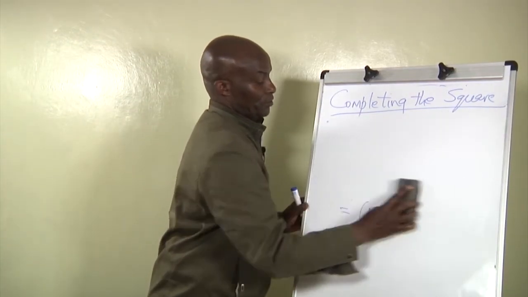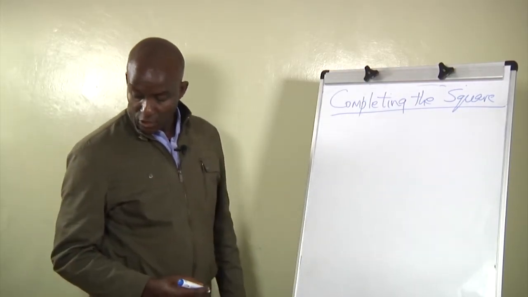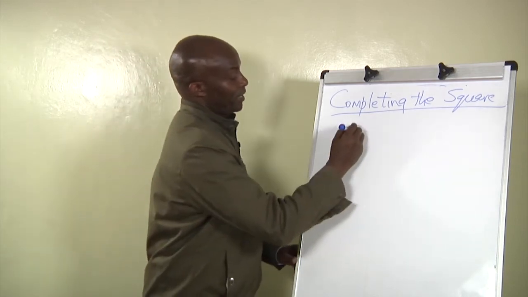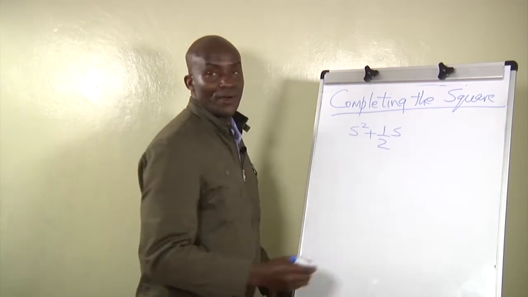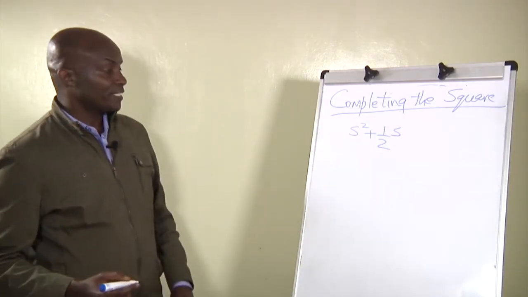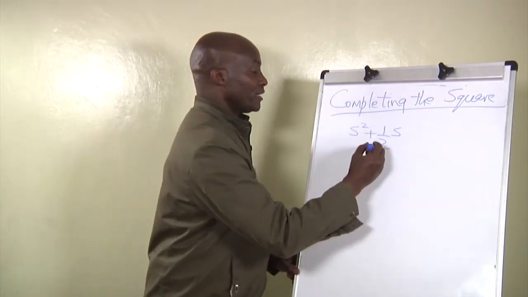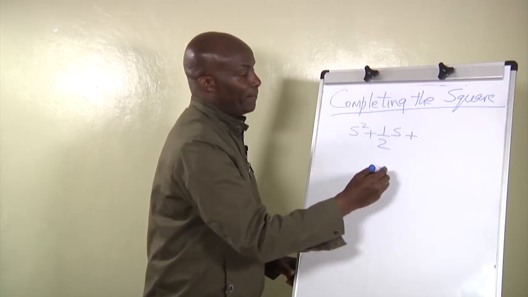Supposing you are given a fraction, let's say as the coefficient of the middle term, s squared plus a half s, and you are asked to complete the square. So you follow the same procedure. You say you need to add half of the coefficient of the middle term.